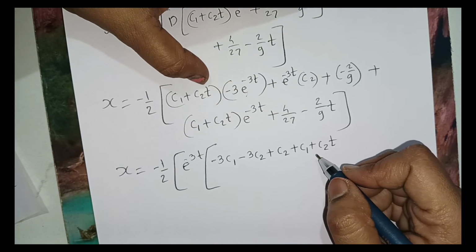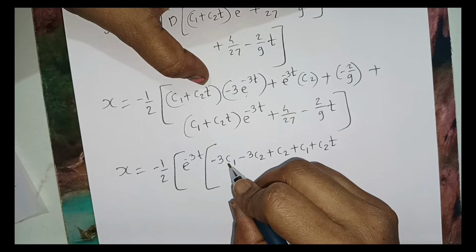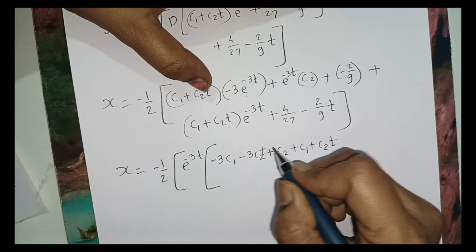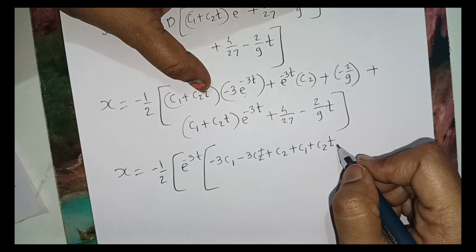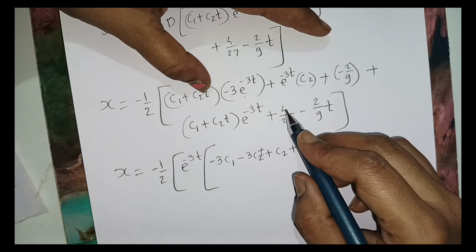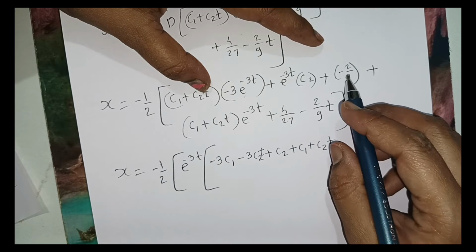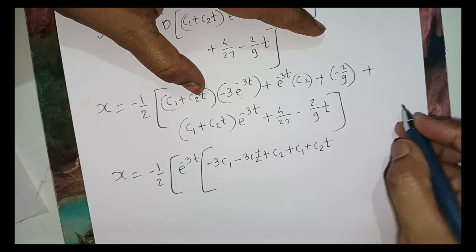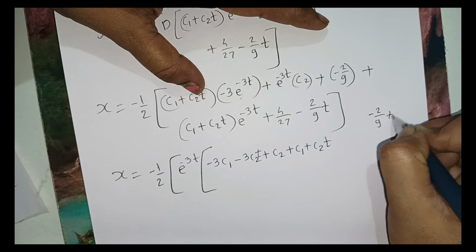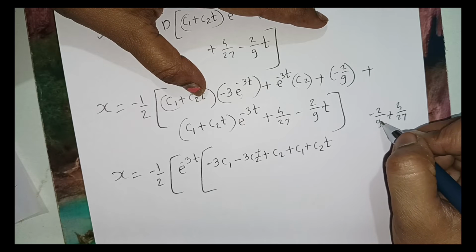Then minus 2 by 9 plus 4 by 27. Do rough calculations. Minus 2 by 9 plus 4 by 27 will be, make the denominator the same after multiplying this first ratio by 3.